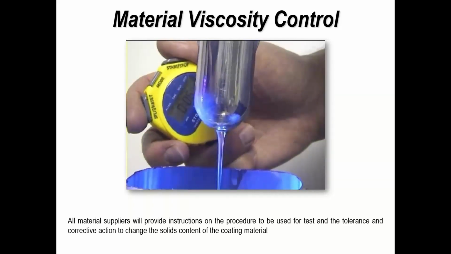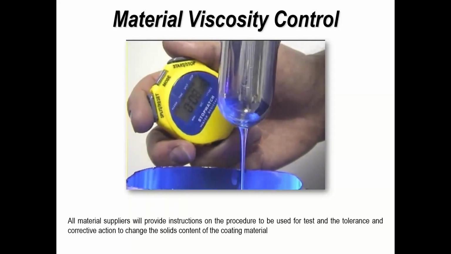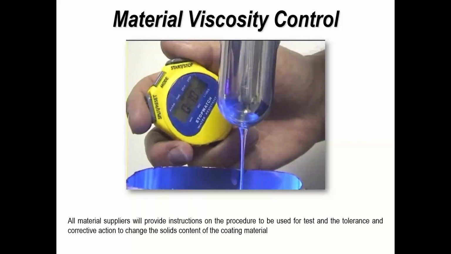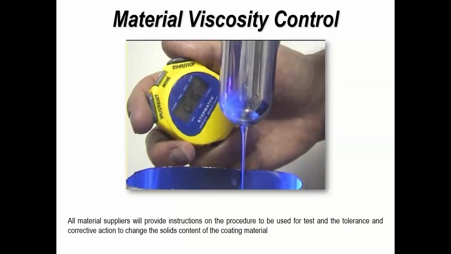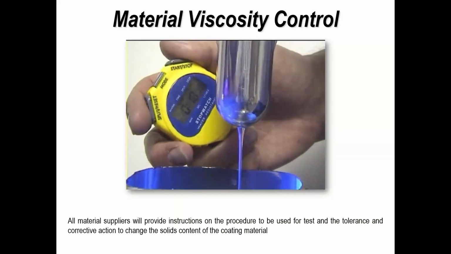Now, I mentioned, and again, this is something to talk to the supplier about, if you're using material in a dip coater, particularly, you want to check the material, its solids content, and its viscosity. And this is a methodology which is used, and basically you've got a cup here with a known volume of material, and it runs through a hole at the bottom, and you time it.